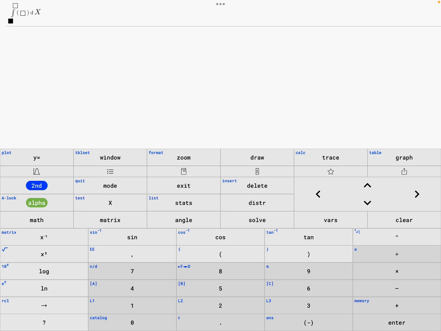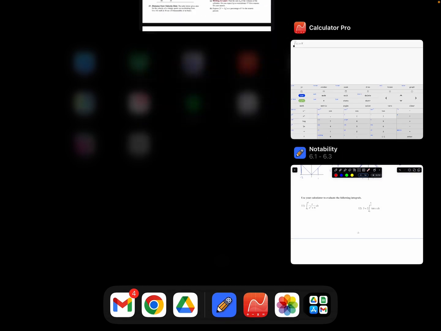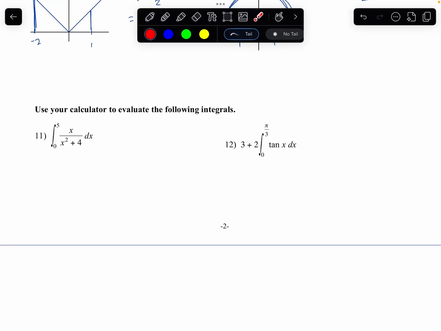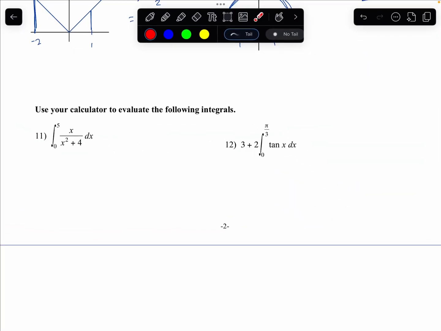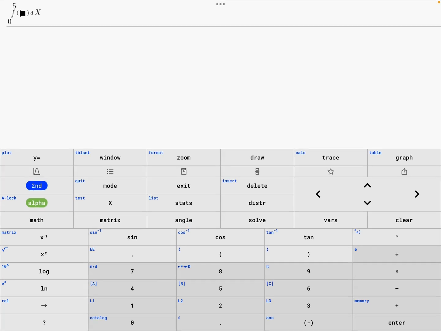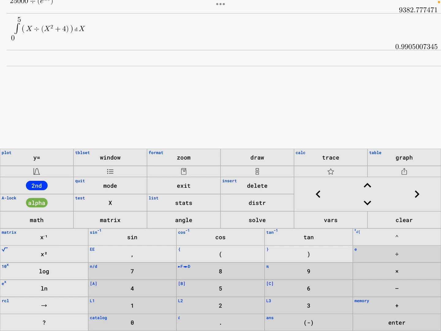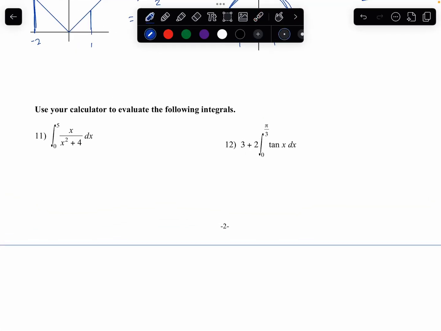And so we're doing the integral from 0 to 5, so we can go ahead and punch that in, 0 to 5, and then the function that we have is x over x squared plus 4. So x divided by x squared plus 4. And then I'm going to hit enter, and I got 0.991. So this is equal to 0.991.